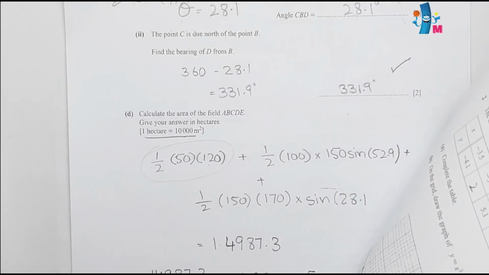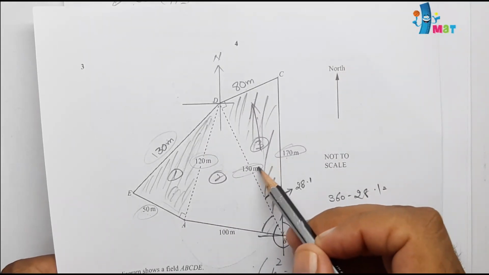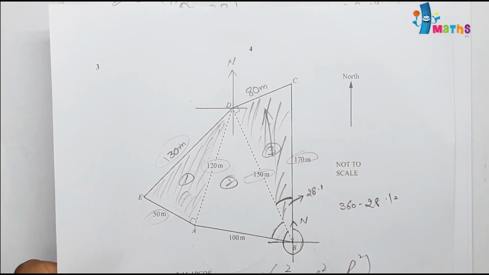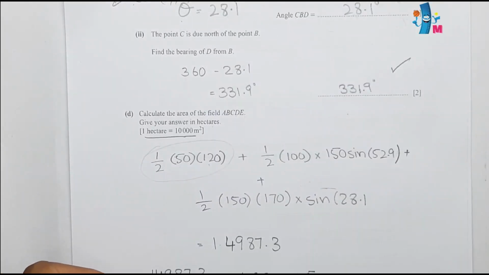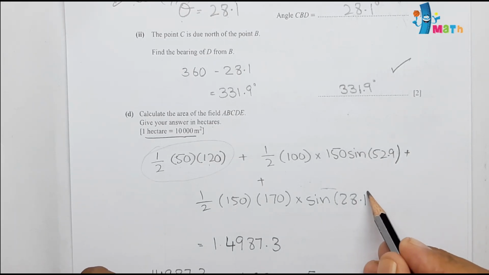Again we can use half AB sine C, or half into base into height. So we have used half into AB sine C again.